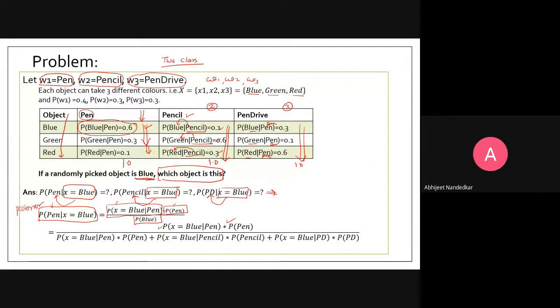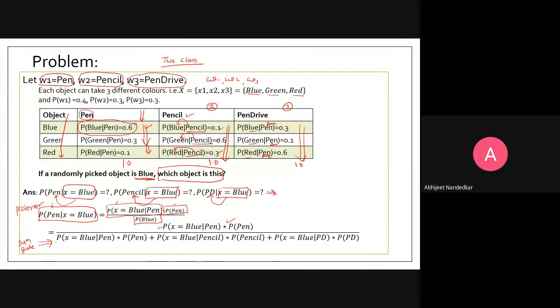So how many times does blue appear in my problem? So I want to marginalize pen, pencil, and pen drive. I am not interested in the type of the object. I am just interested in blue. So what I do, I use the sum rule.